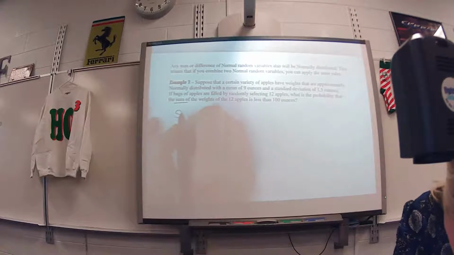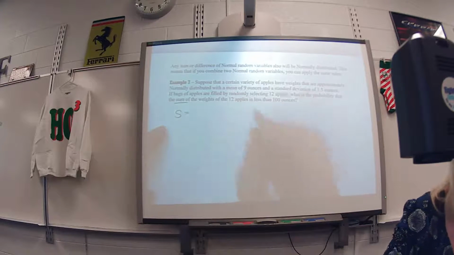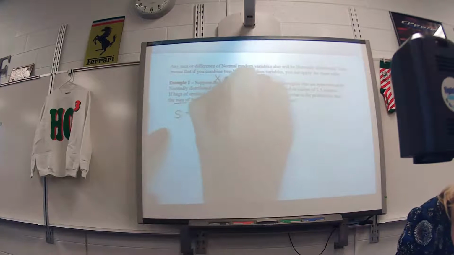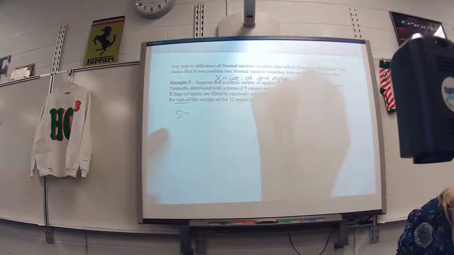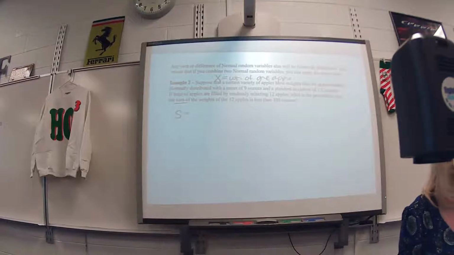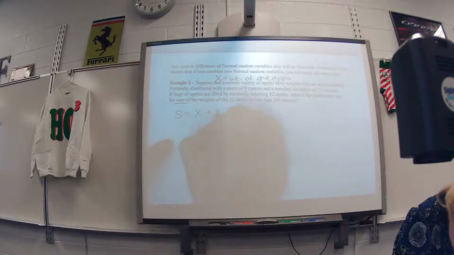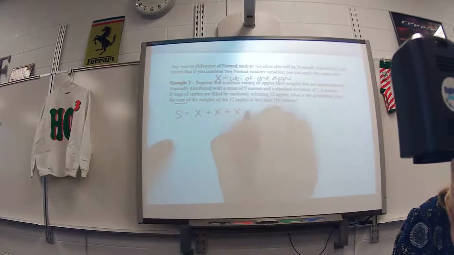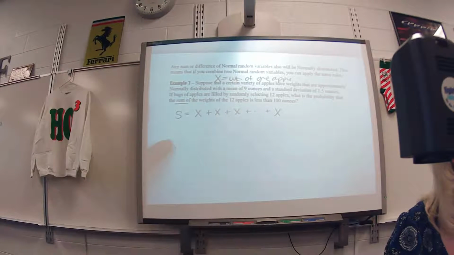But what you have to think about is if every apple is its own random variable, I'm going to let X equal the weight of one apple. So if I'm filling a bag with 12 apples, you might view that as apple 1 plus apple 2 plus apple 3, all the way up to apple number 12.